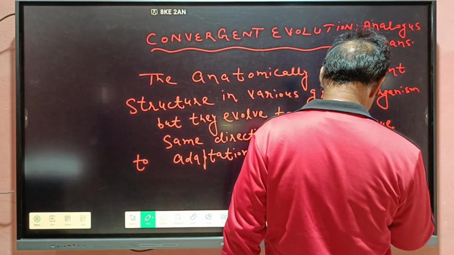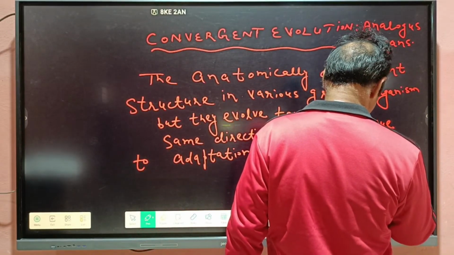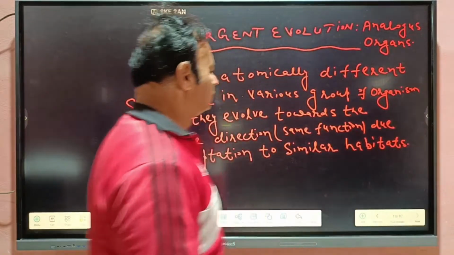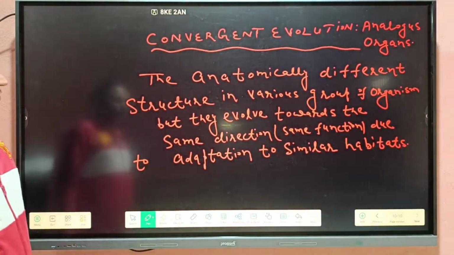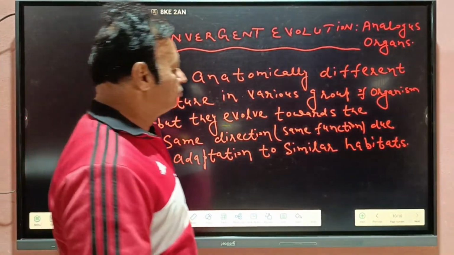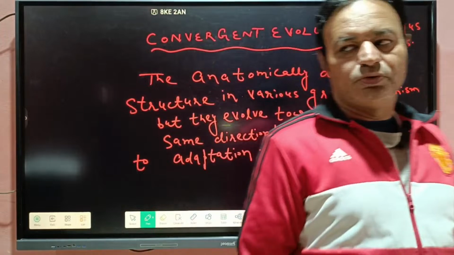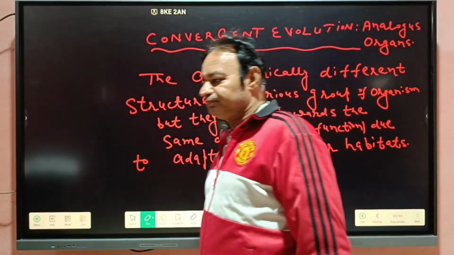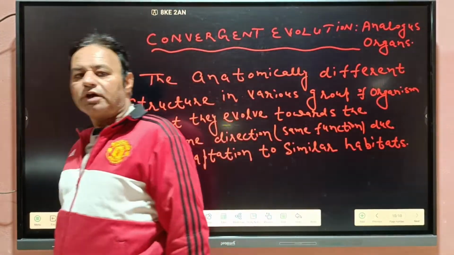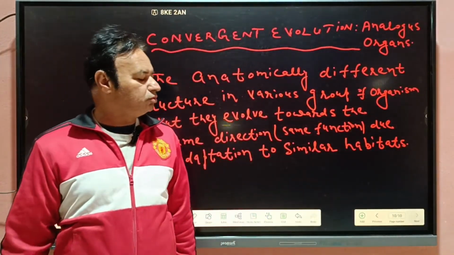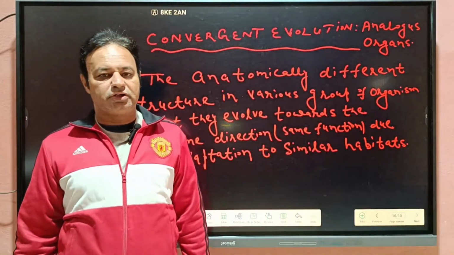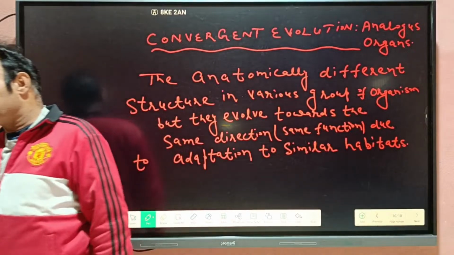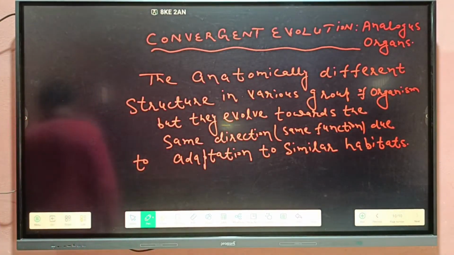Due to adaptation to similar habitats, this type of evolution is called convergent evolution. So what are homologous organs, what are analogous organs, what is convergent evolution, and what is divergent evolution? These are the important topics related to organic evolution.